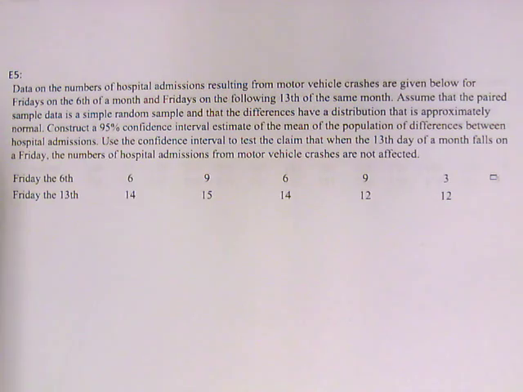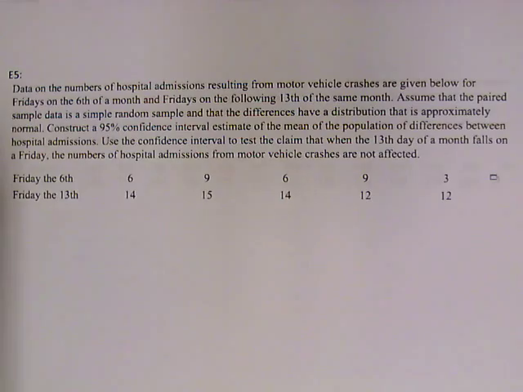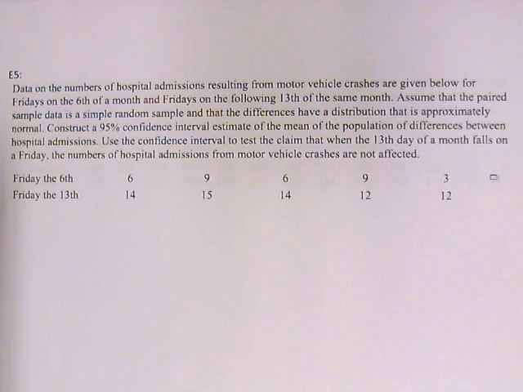Construct a 95% confidence interval of the mean of the population differences between hospital admissions. Use the confidence interval to test the claim that when the 13th day of the month falls on a Friday, the number of hospital admissions from motor vehicle crashes are not affected.